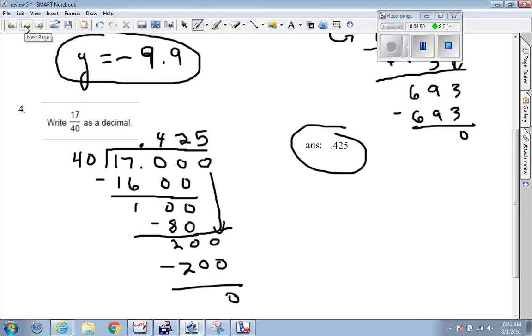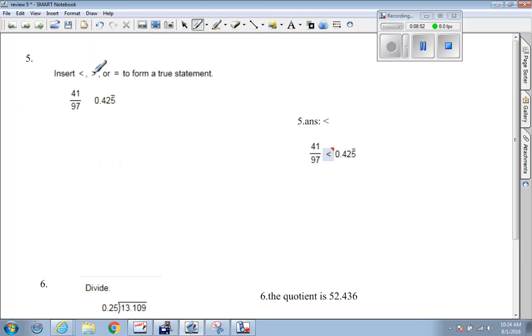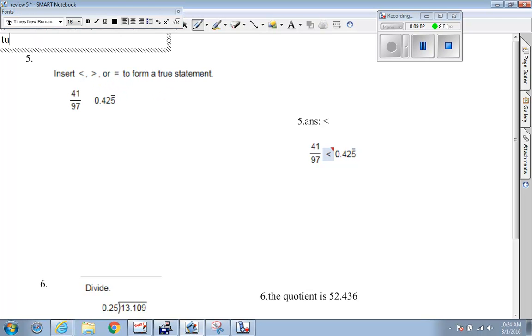Okay, let's try the next one. Insert less than, greater than, or equal to make a true statement. Well, when you're comparing a fraction to a decimal, the best thing to do is turn them both into decimals. So turn the fraction into a decimal. Just giving you kind of a general recipe there.